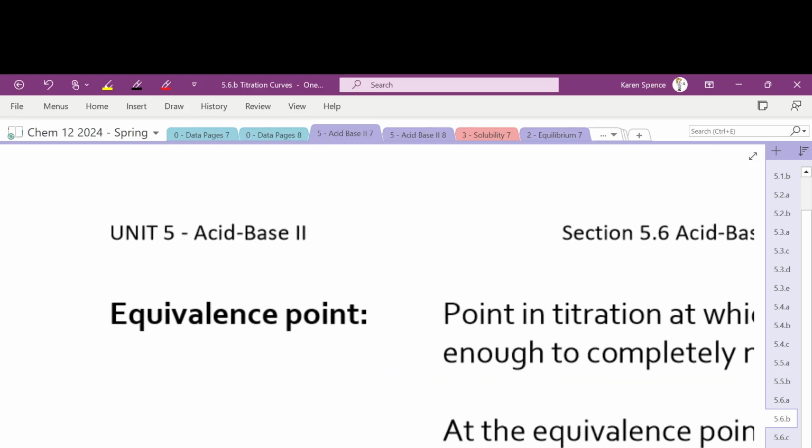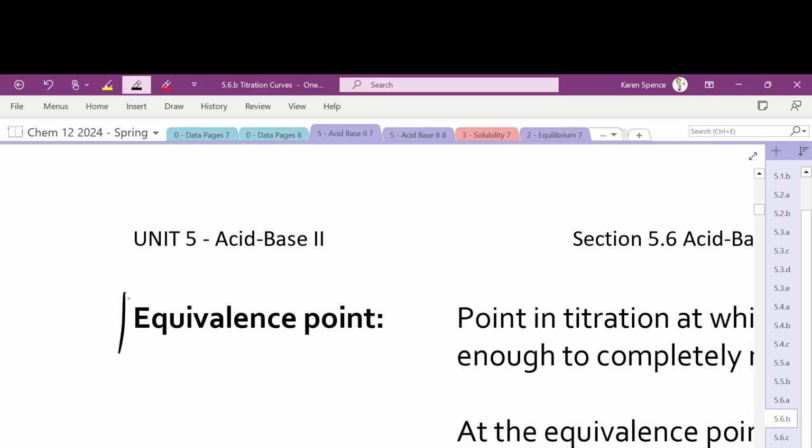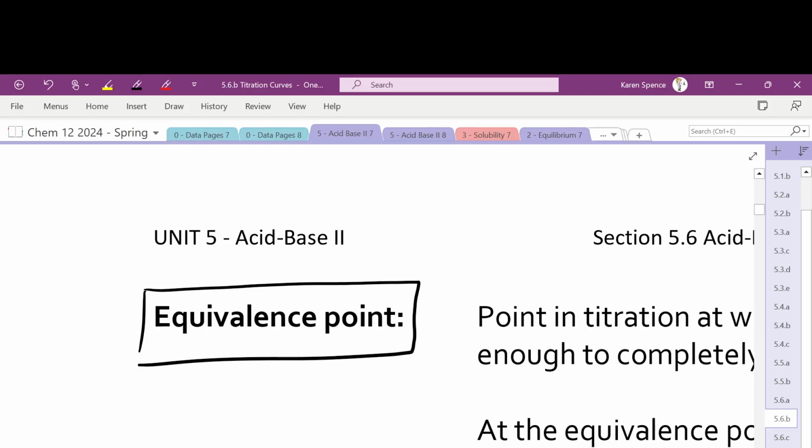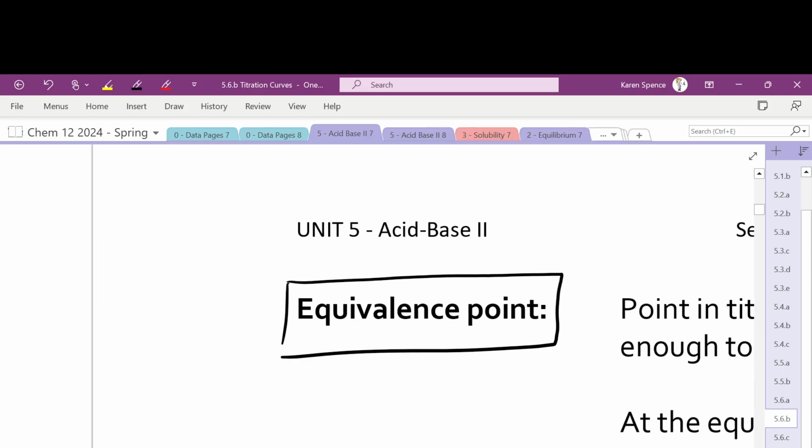Do you guys remember what the equivalence point is? See if you can define it without reading the definition. The equivalence point.